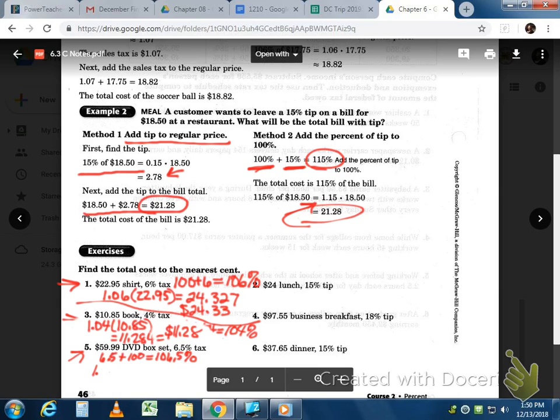It's not going to be 106.5. To be able to multiply, what do we always do with the decimal when it's a percentage? When it was 104%, Olivia made it 1.04.